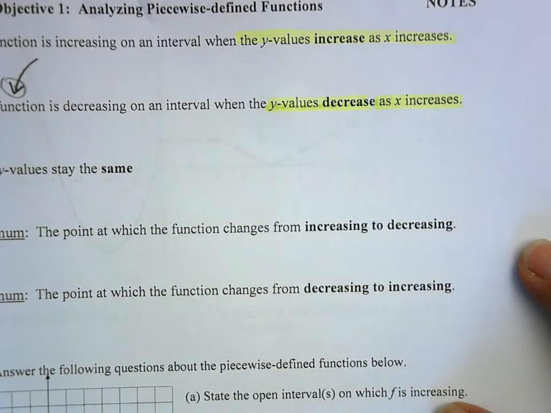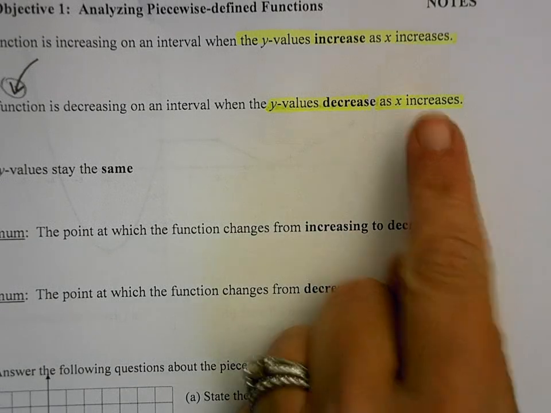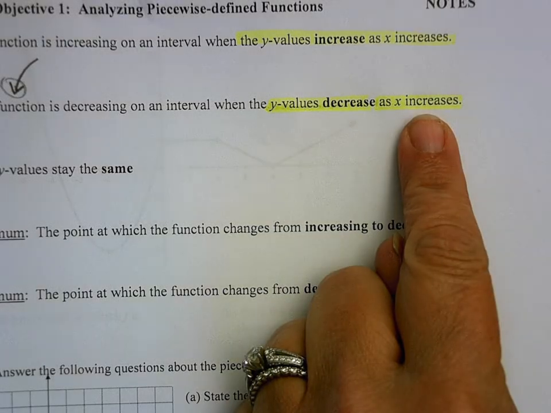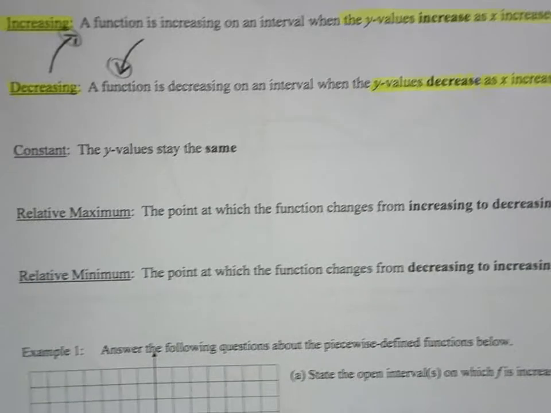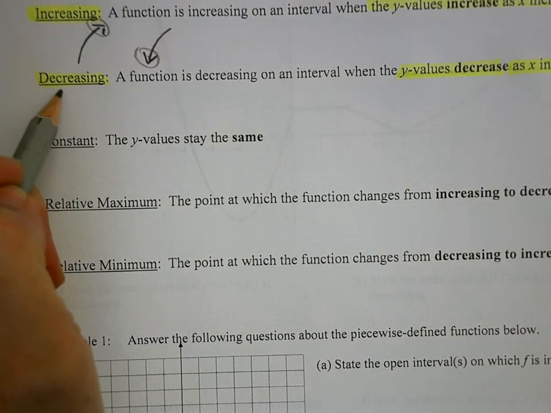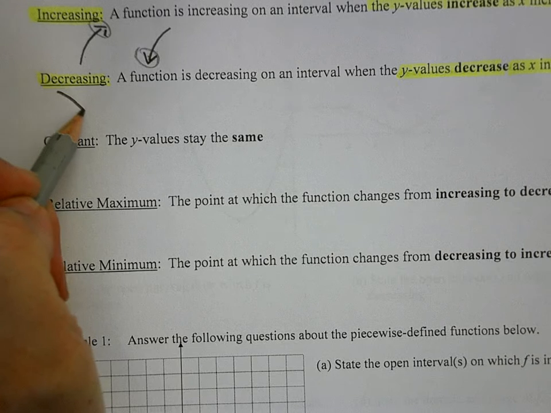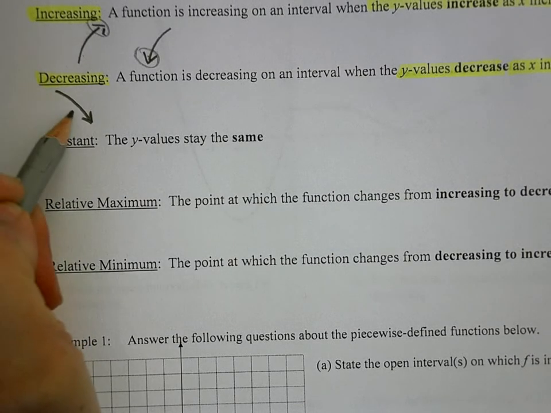That part just means we are moving along the graph from left to right. Whenever we see x increasing, it just means move from left to right when you read a graph. So what would decreasing look like? Decreasing just means you're going downhill, again as we go from left to right.